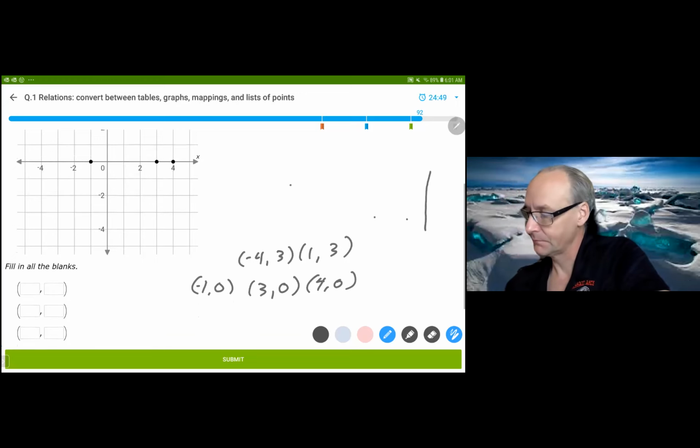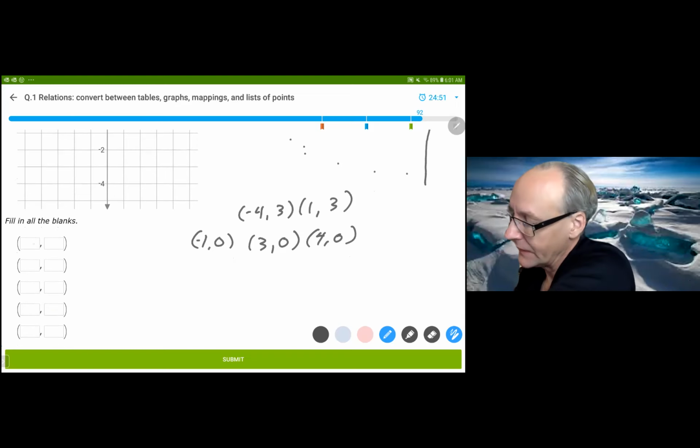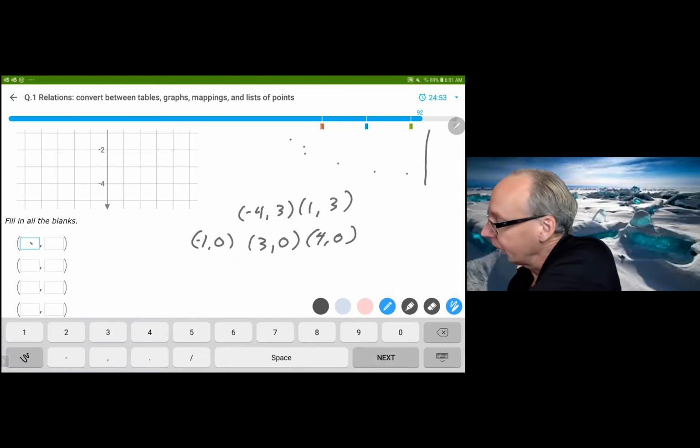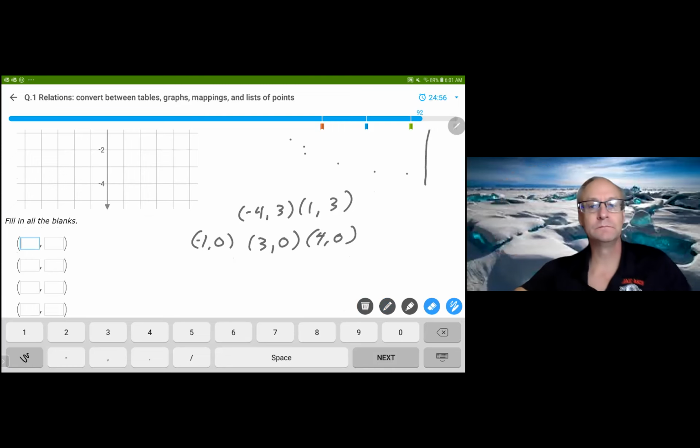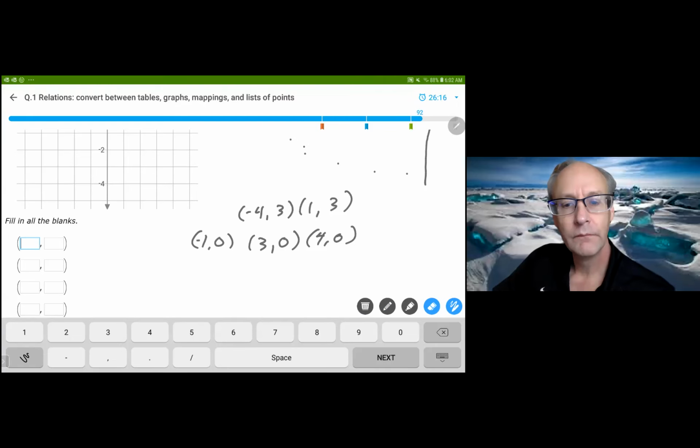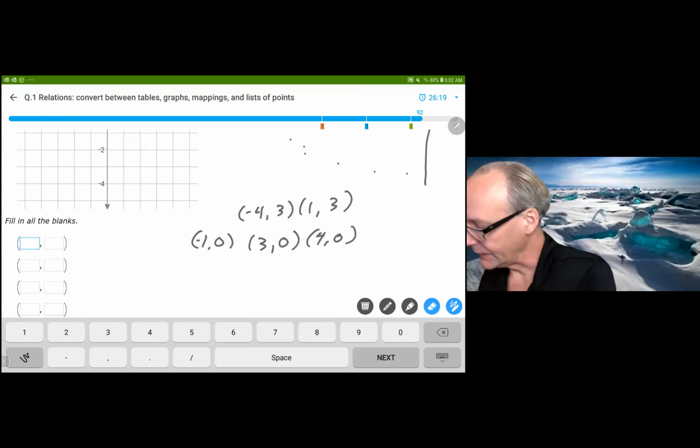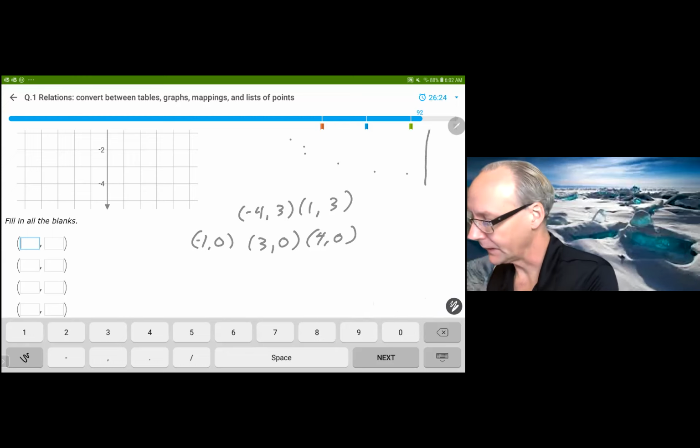So all we have to do is fill it in. Let me get rid of this for a second. Pause it for just a second while I fill this in. There we go. So it looks like we have negative 4, 3. And then we have a negative 1, 3, sorry, 1, 3.